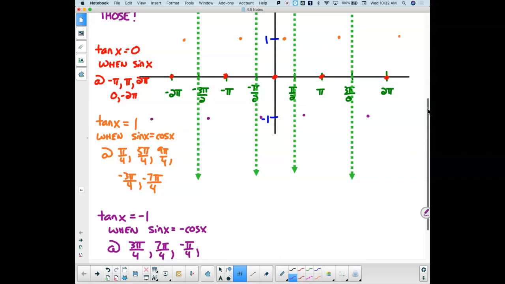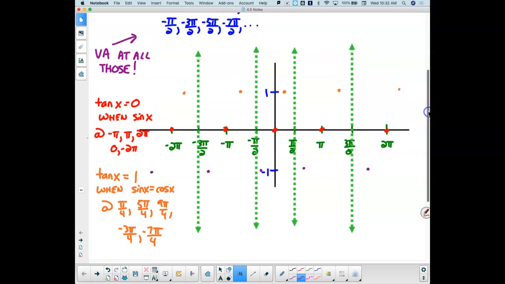And negative 9 pi over 4 is there. Okay. So it starts along the asymptote, comes up, and waves on through.